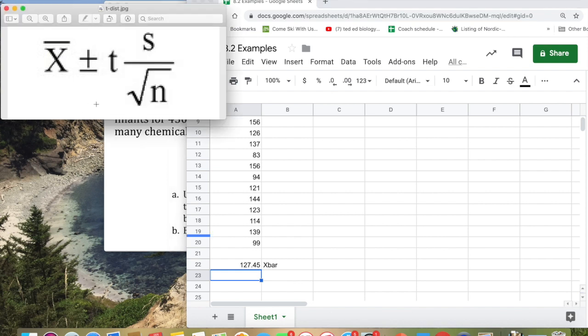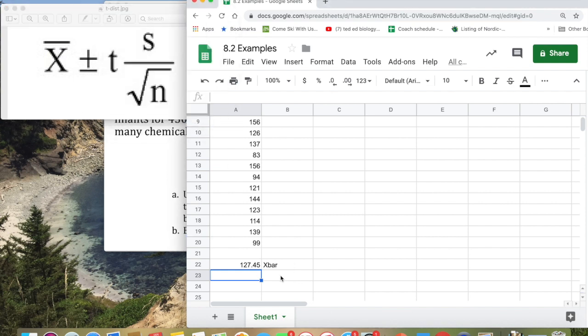The next thing that we want to know is our t-score. So remember that formula, we could do this with the chart, but while we have Google Sheets open, it's easy to have Google Sheets do the entire process for us, and that would be T inverse T distribution, or T.INV.